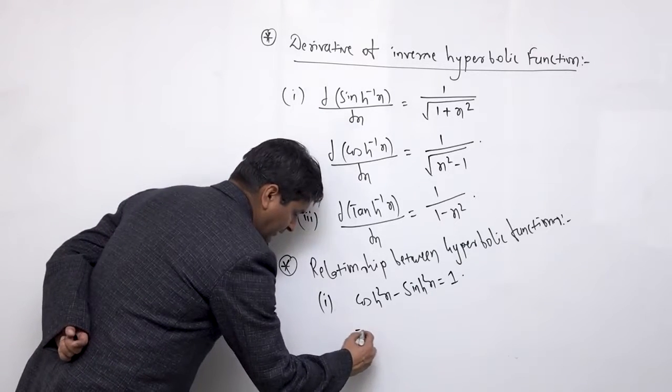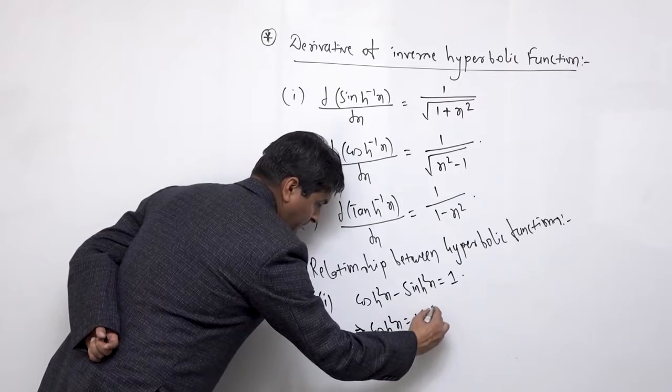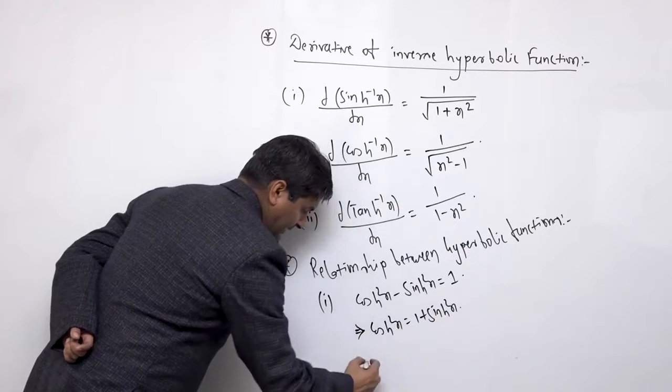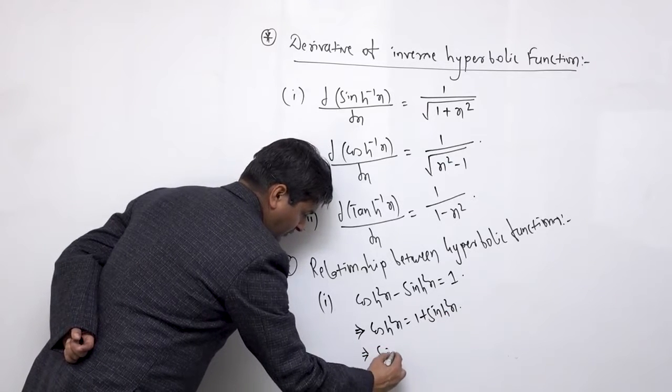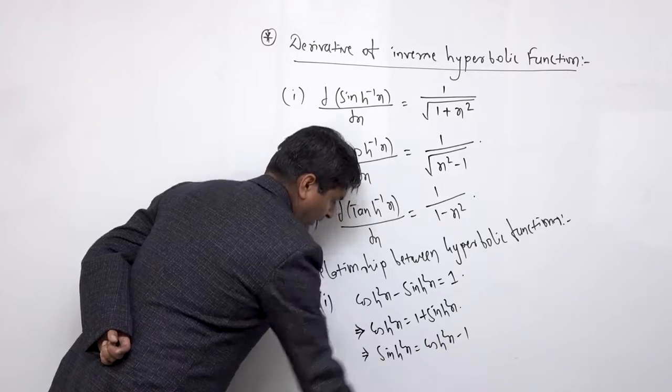And what we get here is cos h square x equals to 1 plus sin h square x, and sin h square x equals to cos h square x minus 1.